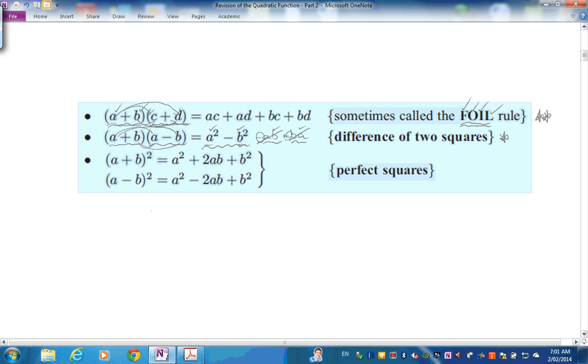It's best not to base your knowledge in A's and B's, but to say that this is of the form first term plus second term by first term minus second term equals first term squared minus second term squared.